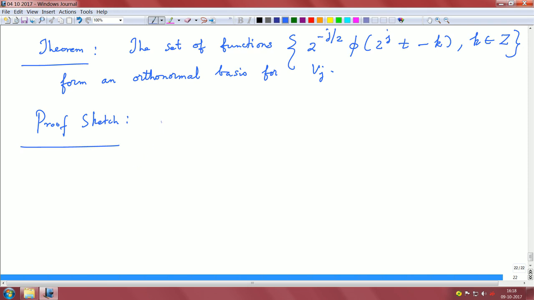Now, you start with the norm of 2 power j upon 2 phi of 2 power j t minus k, the integral norm. So, basically this is the integral from minus infinity to plus infinity.